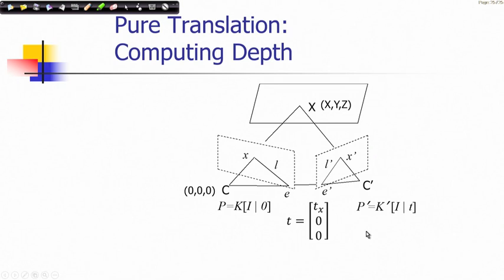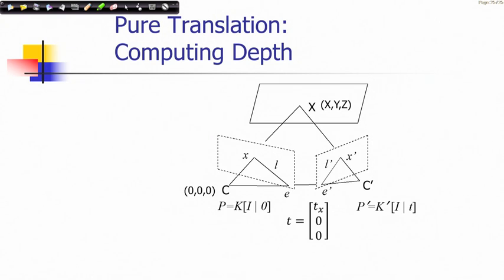The translation between these two cameras is given by a horizontal translation T x 0 0, that is the pure translation we are considering, and there is also no rotation. So, in the horizontal direction it is a pure translation, and there is no rotation matrix R.